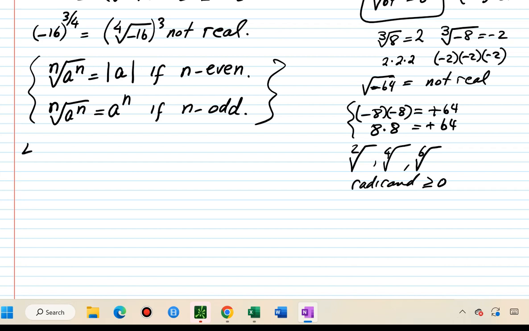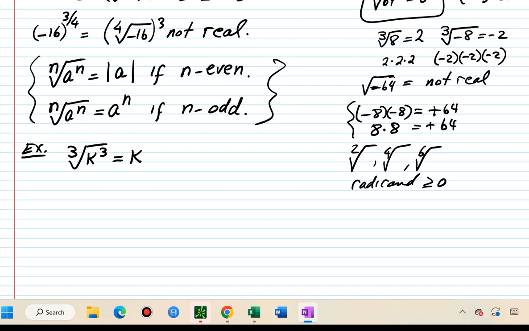Therefore, let's take a look at, for example, suppose I have the cube root of k cubed. Because the index is odd, that's just going to be k. Although I don't know what k is, k could be negative, and that is perfectly fine because cube roots may be negative. In other words, there's no need for absolute value.